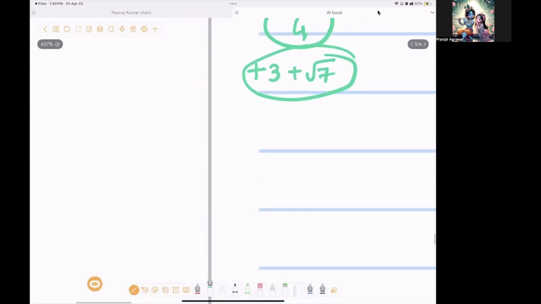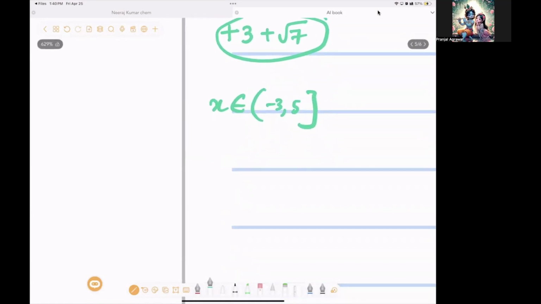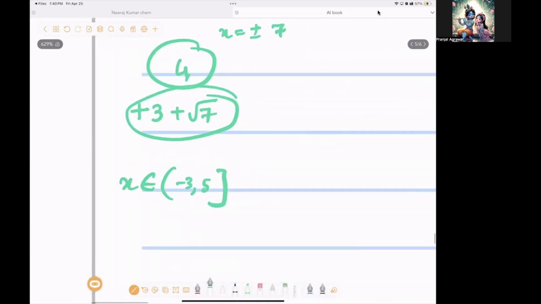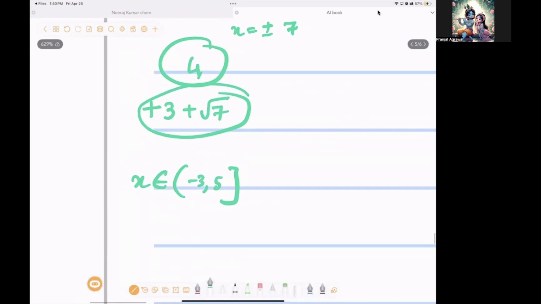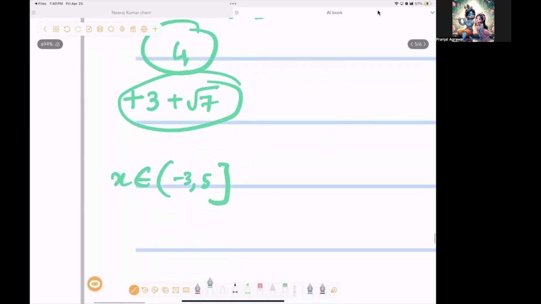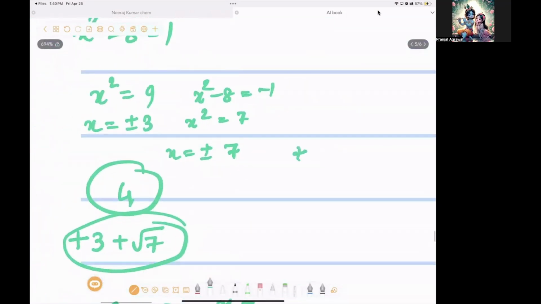And 21: if x belongs to minus 3 to 5, then the number of possible values of x. So we just have to find the values, right? If you solve it, what are the values of x? Plus 3, minus 3, plus root 7, and minus root 7.